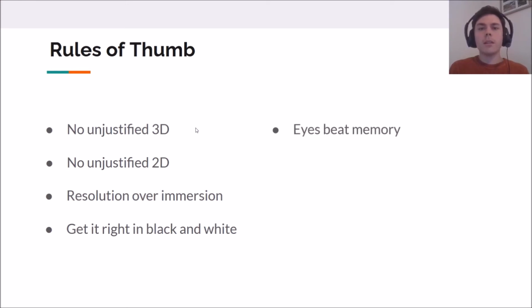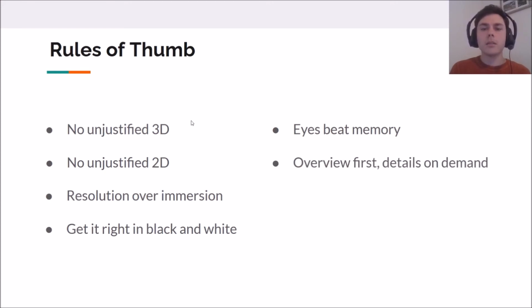Then this is important when it comes to interactive visualization: eyes beat memory. So you should, if possible, never rely on the user of your visualization to memorize things. It's always best if they can see things. So if they want to compare two values, these values at best should be visible at the same time.